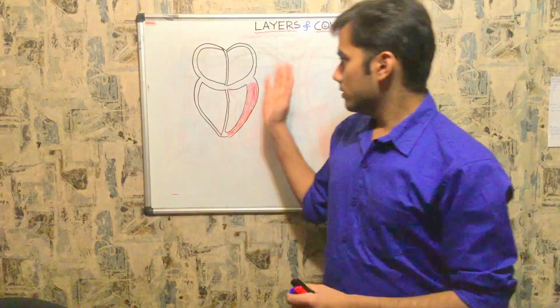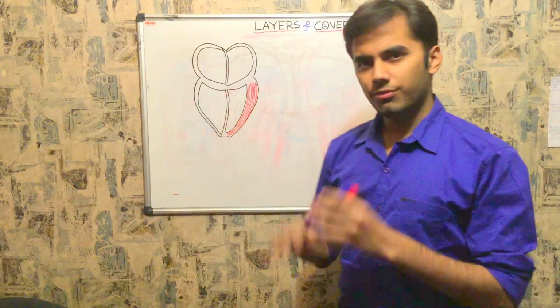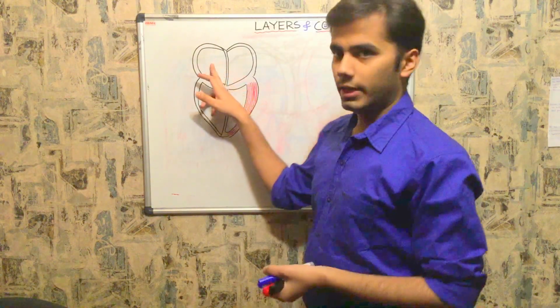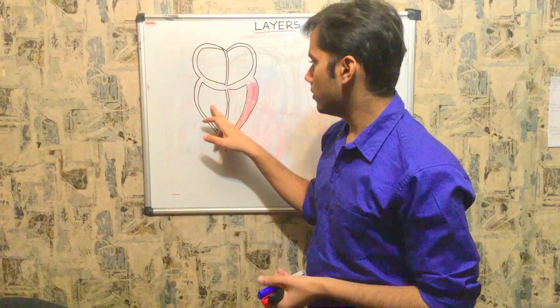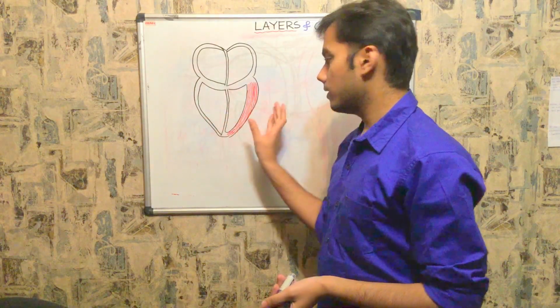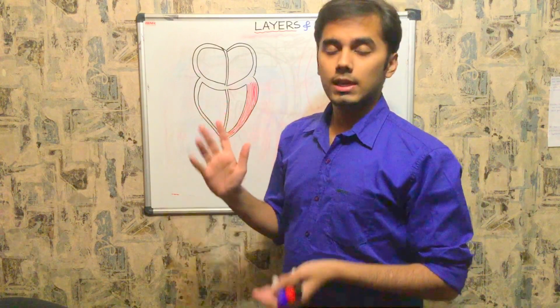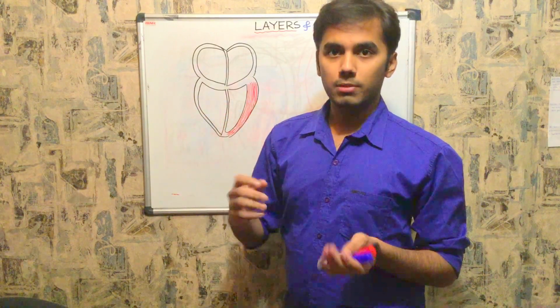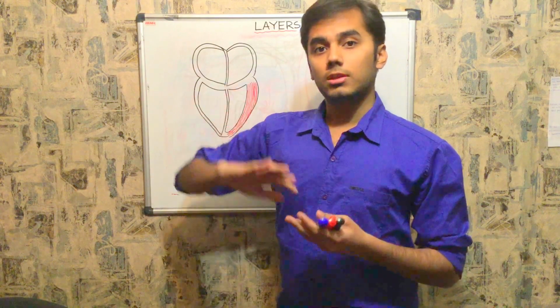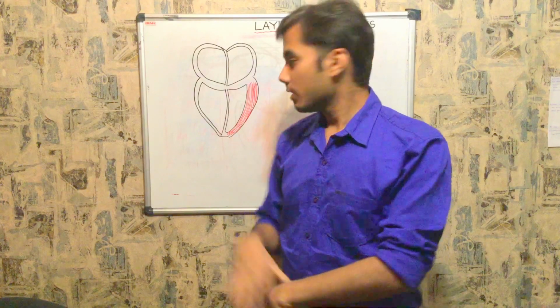Now, first of all, starting with the layers of the heart, a very brief introduction of the heart. This is your right atrium, this is your left atrium, this is your right ventricle, left ventricle, and the wall of the left ventricle is thick. The myocardium is highly developed in the left ventricle because, as I told you, left ventricle has to pump the blood with great pressure so that the blood is transported to distal parts of your body.